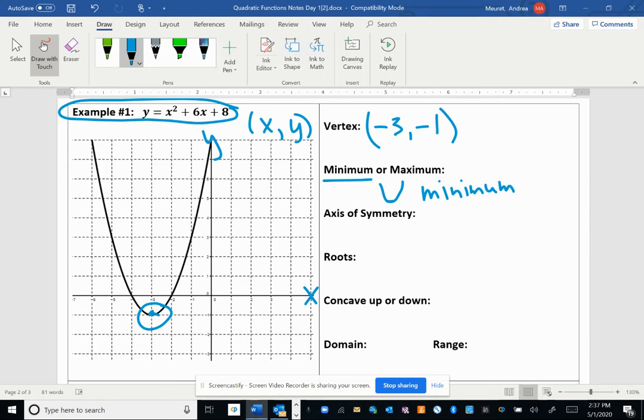The axis of symmetry is always a vertical line that divides the parabola right down the middle. And so this vertical line is the line x equals -3. The roots of a parabola are also the same as the x-intercepts.